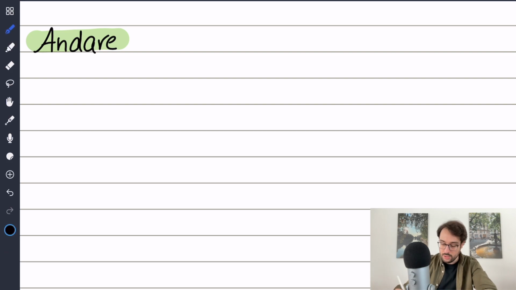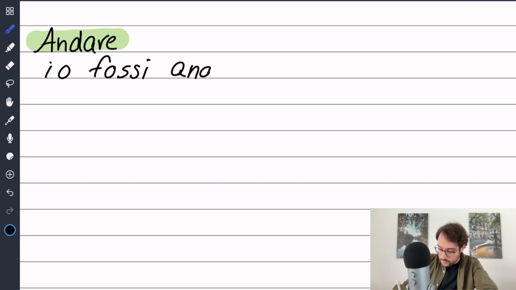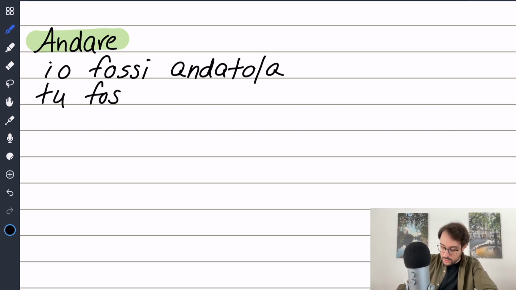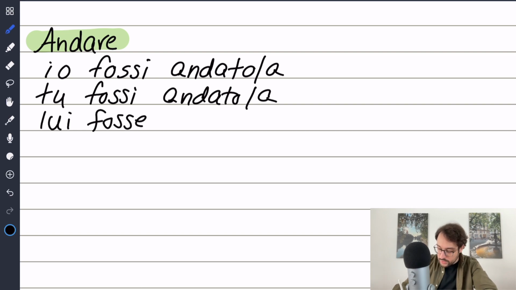So essere is going to go in the congiuntivo imperfetto form. Io fossi andato or andata. Tu fossi andato or andata. I'm going to separate lui and lei. Lui fosse andato. Lei fosse andata.